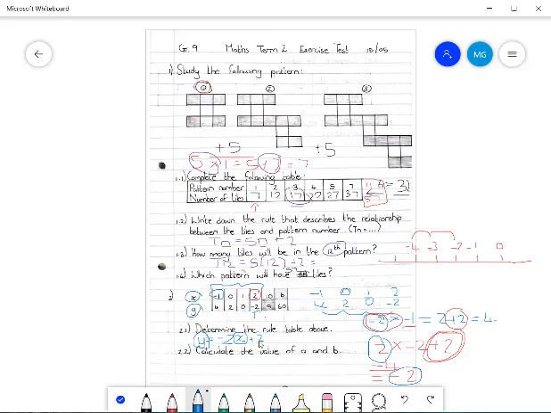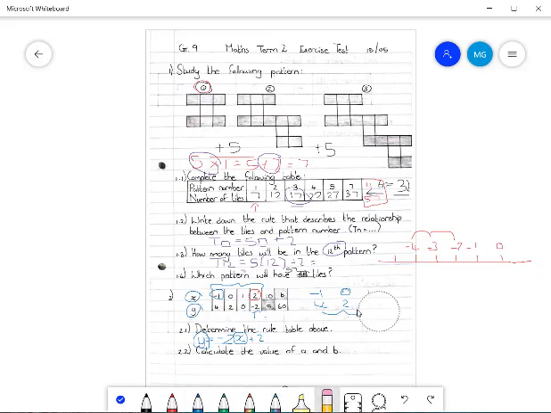Okay, the next one, 2.2, calculate the value of a and b. So now I can use my rule to calculate our a and b. So with a, first things first, you write down your rule.